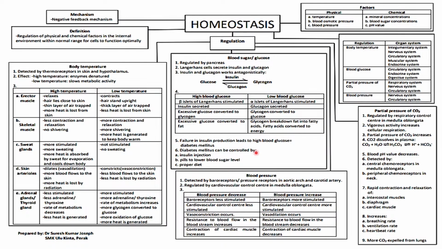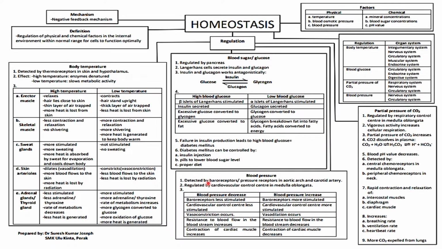blood pressure regulation. So this blood pressure is detected by baroreceptors, or also known as pressure receptors, which are found in the aortic arch and also the carotid artery. Okay, all right.